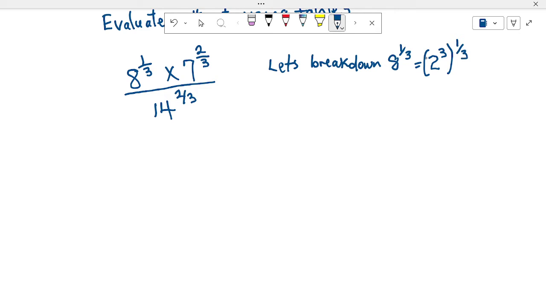Don't forget, we still have our 1 all over 3 there. Do you get that? So if you multiply it, you have 2 raised to power 3 times 1 all over 3. The 3 here cancels the 3 here, leaving you with 2 raised to power 1.